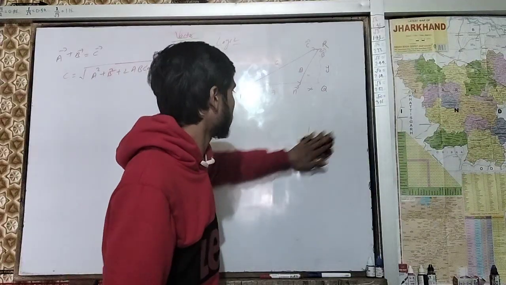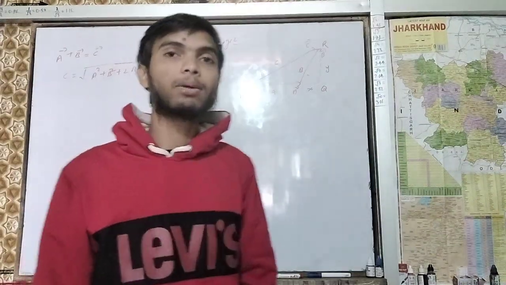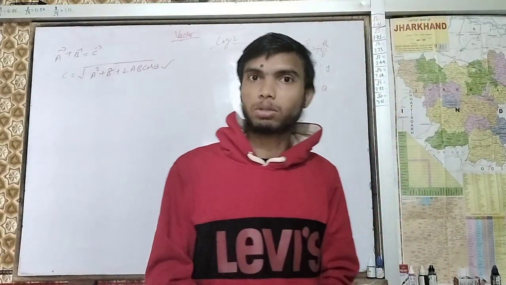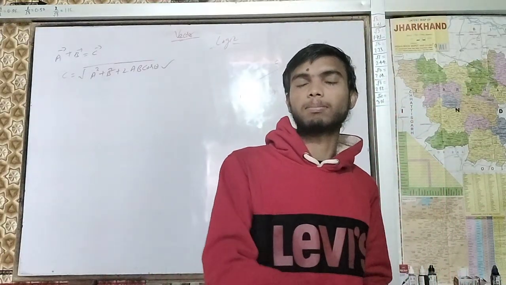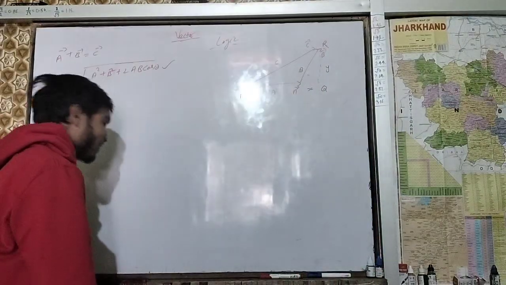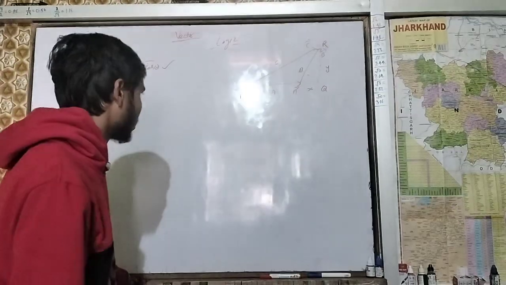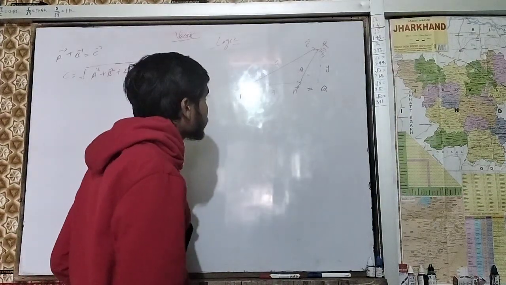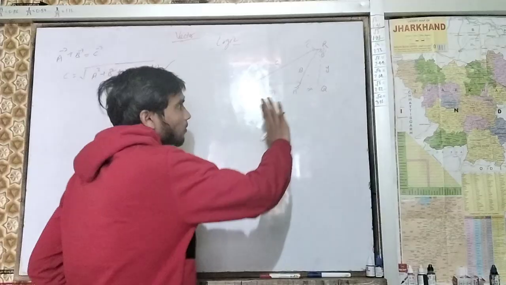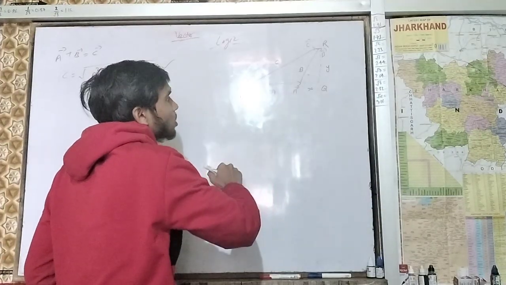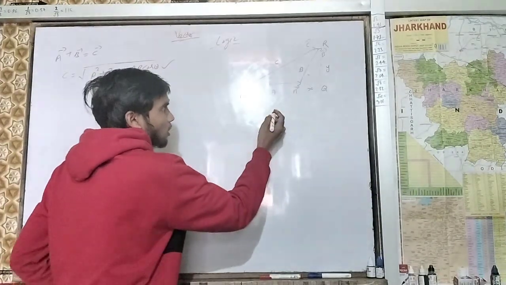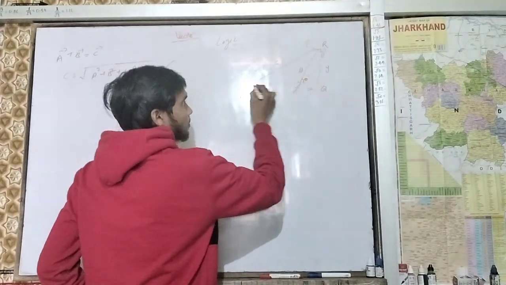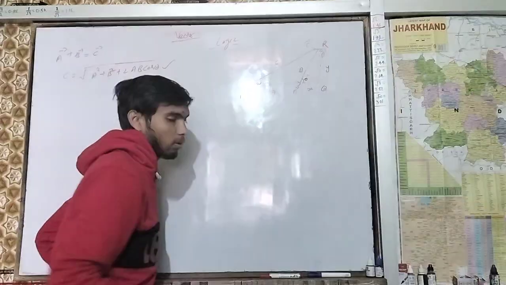Why do we want a 90 degree triangle? We want it so that we can use Pythagoras theorem: A square plus b square is equal to c square. Now, two things we can find from this figure. This we are going to consider as theta, and this will be our alpha. Why alpha?